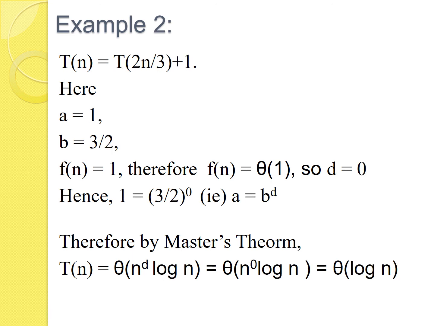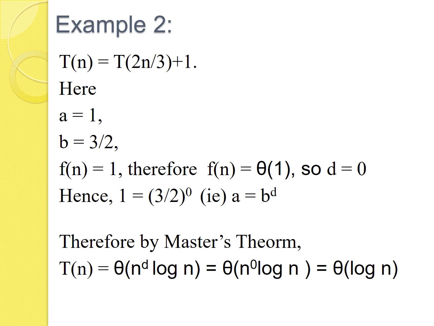Let us see another example of applying Master's theorem to find the time complexity of the recursive algorithm from the recurrence relation T of n that represents the algorithm. In this example, T of n equals T of 2n by 3 plus 1, where 1 is the non-recursive part of the algorithm.